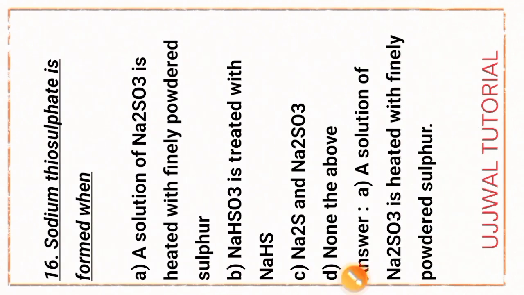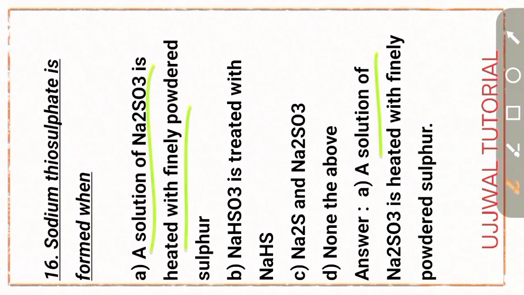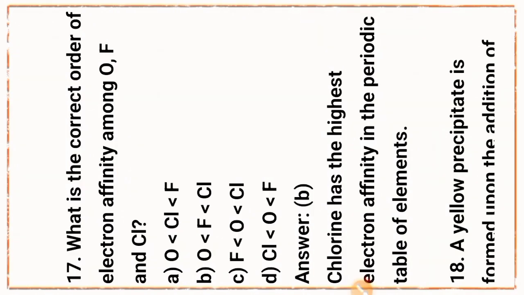Sodium thiosulfate is formed when option A, a solution of Na2SO3, sodium sulfite, is heated with finely powdered sulfur. Okay. Question number 17.